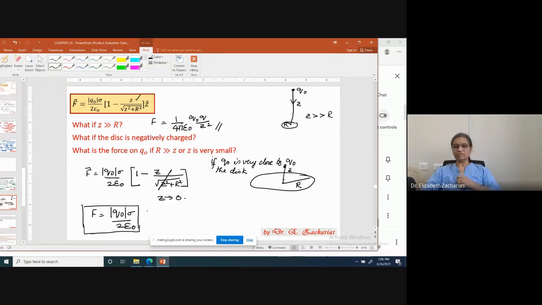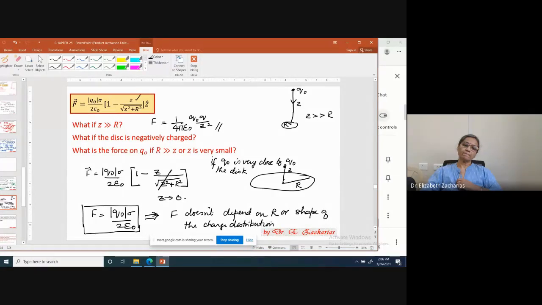This is actually a very good result. This will imply that F doesn't depend on R or the shape of the charge distribution. F does not depend on the geometry of the charge distribution.